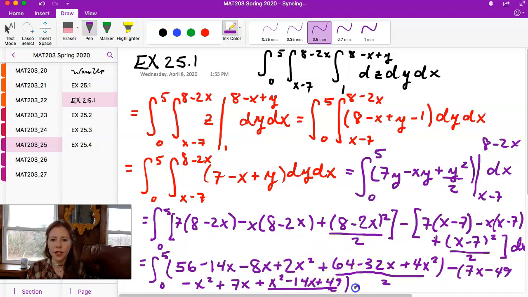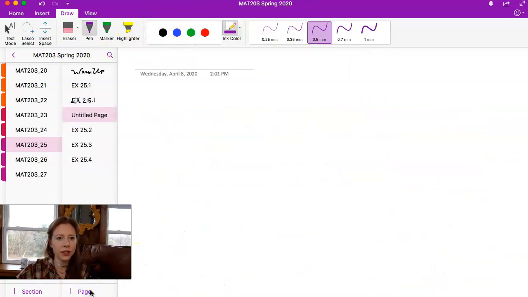And then we still have our dx. Okay, so now canceling out, combining like terms, I'm going to add another sheet to continue on.